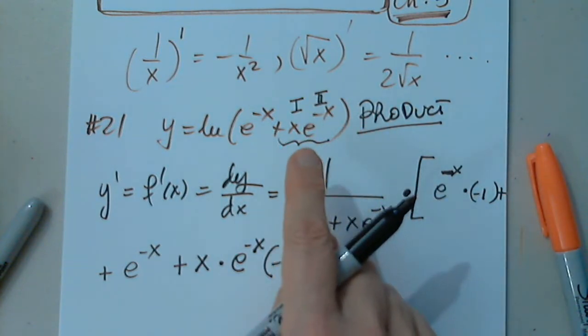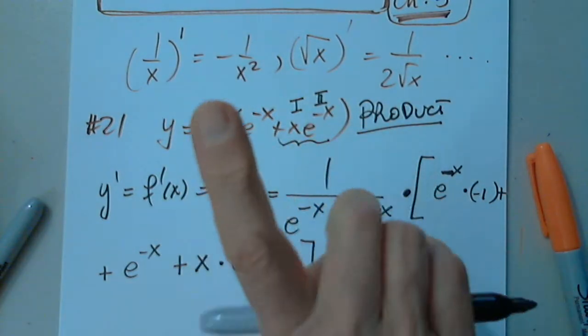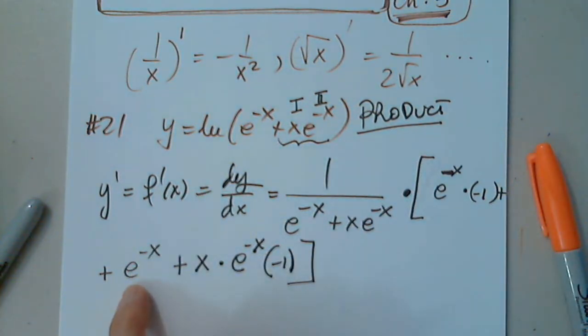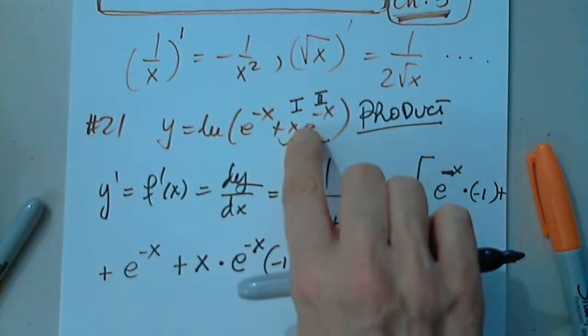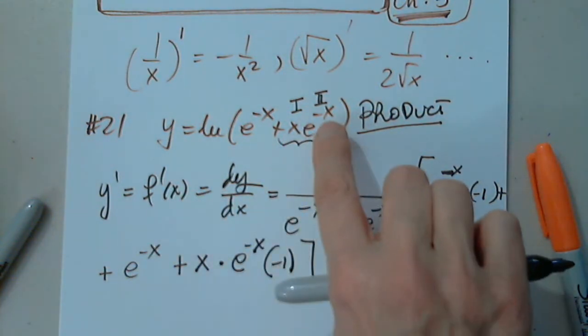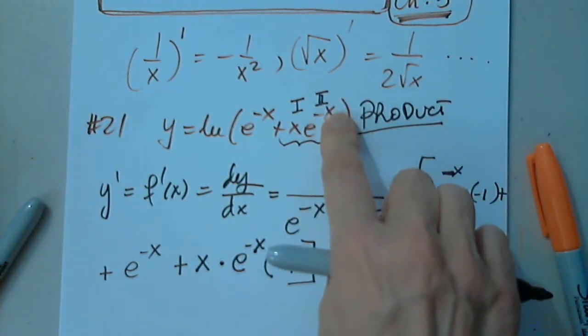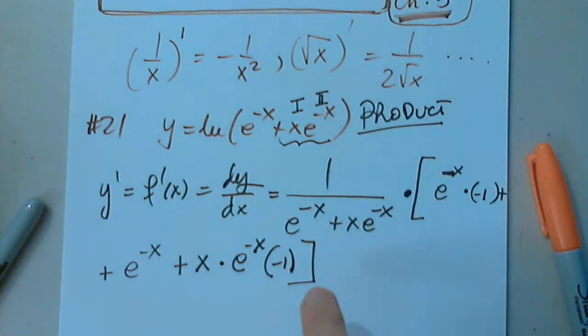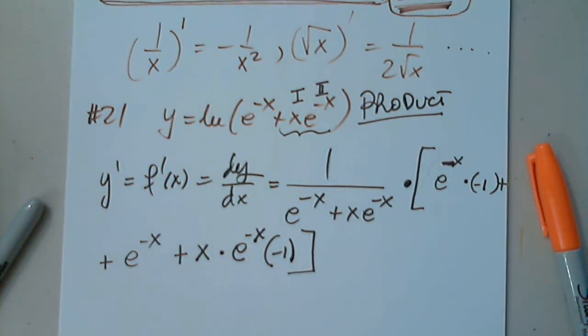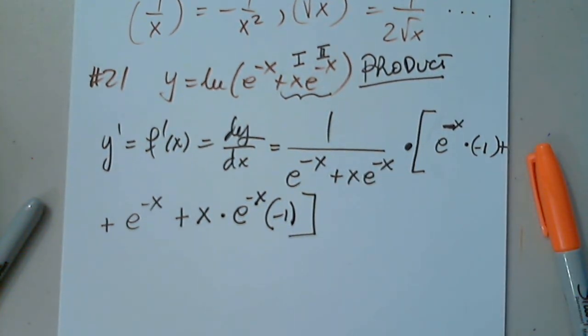I have to use the product rule. The first function prime, which is 1, times the second, plus the first function times the second function prime, e to negative x, times the inner function prime, which is -1. Are we okay with this so far? It's not done. Is this okay, though? Okay?